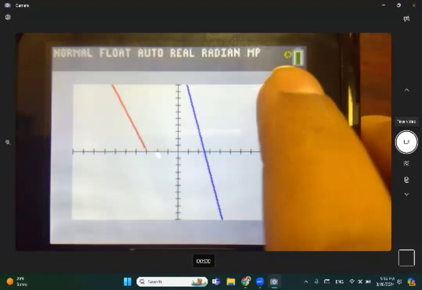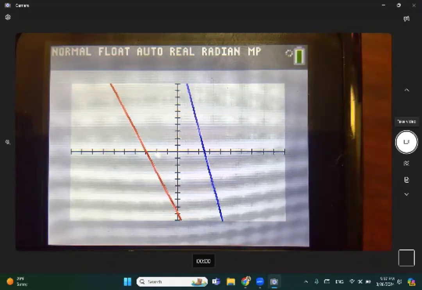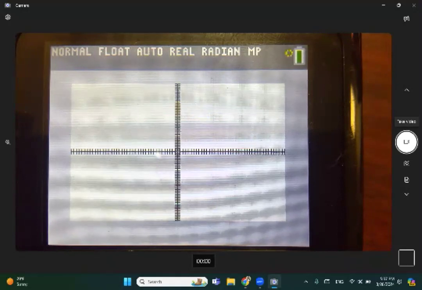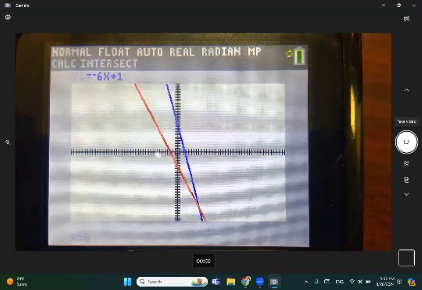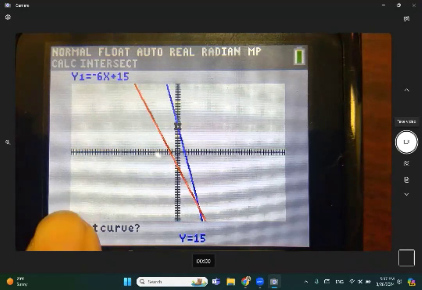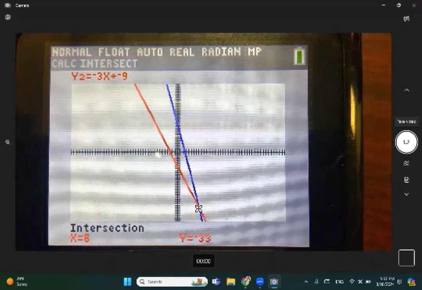If you don't wait for it to finish graphing, wait for that little wheel to go away, or it'll mess up. So I'm going to push it again. Here we go. Now I should be able to see where they cross. Right there. Now I can press second trace, option 5 for intersection. And then once that first question pops up, push enter, enter, enter. So they intersect at 8, negative 33.